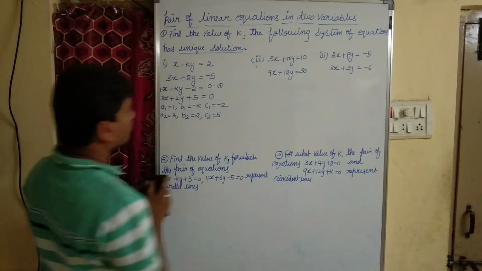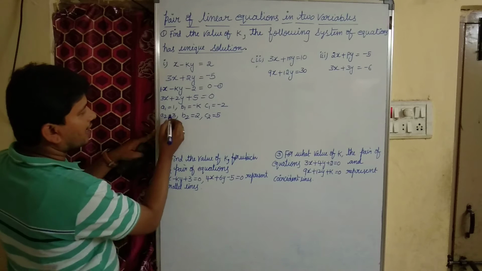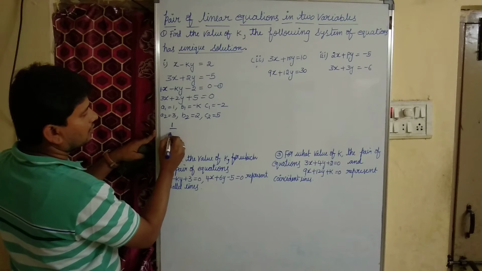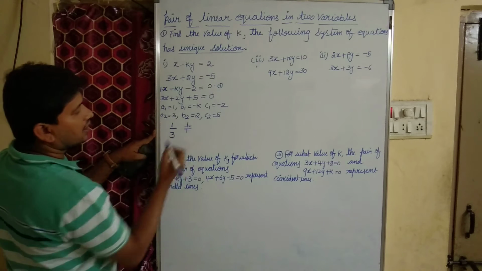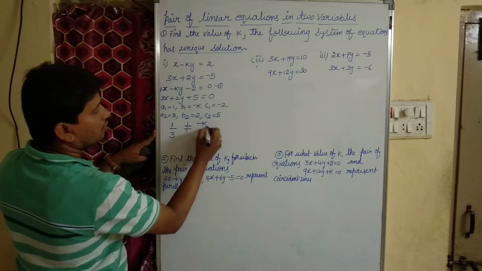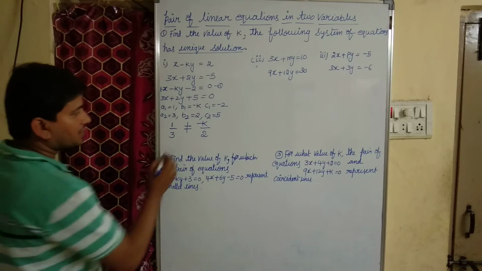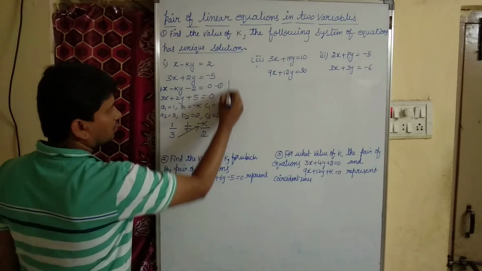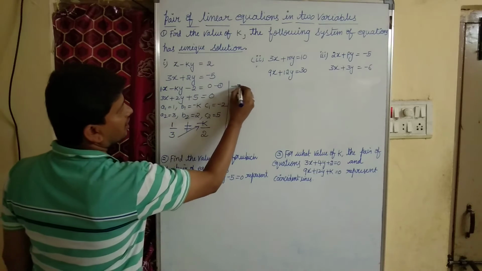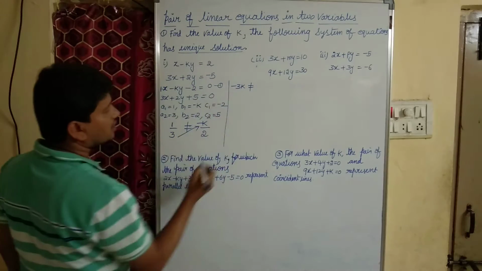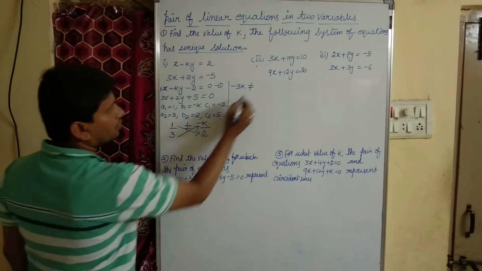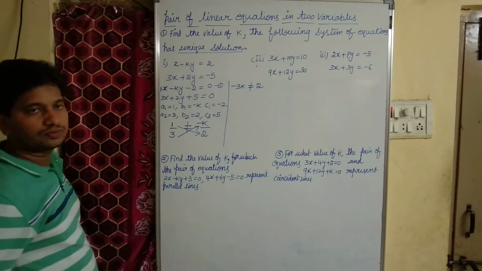Let us see now a1 by a2, our a1 value 1 by 3 is not equal to our b1 value minus k by 2. Cross multiplication: 3 into minus k, that is minus 3k, is not equal to 1 into 2, that is 2.